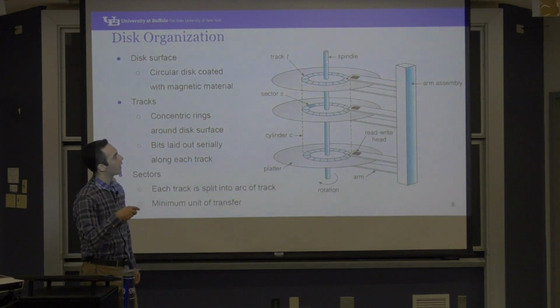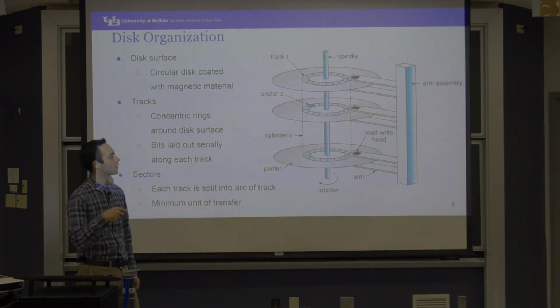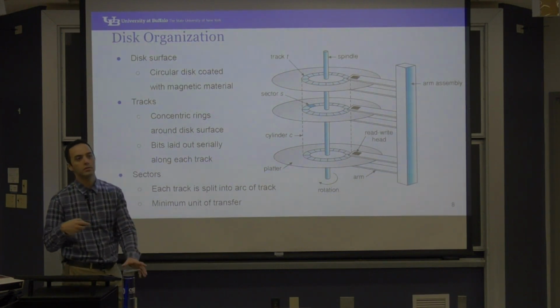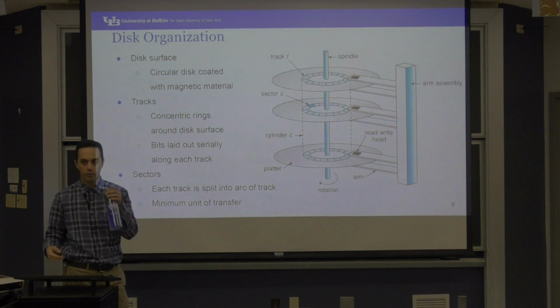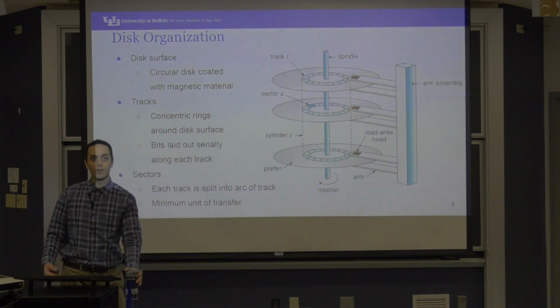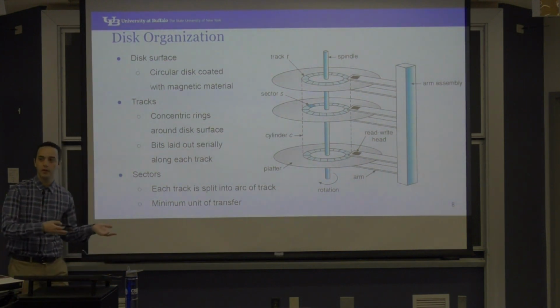If this has a constant rotation, what will be the difference between the inner tracks and the outer tracks? Yeah, you can read more on the outer tracks. Well, technically you can't read more, because then you will read less on the inner tracks, right?